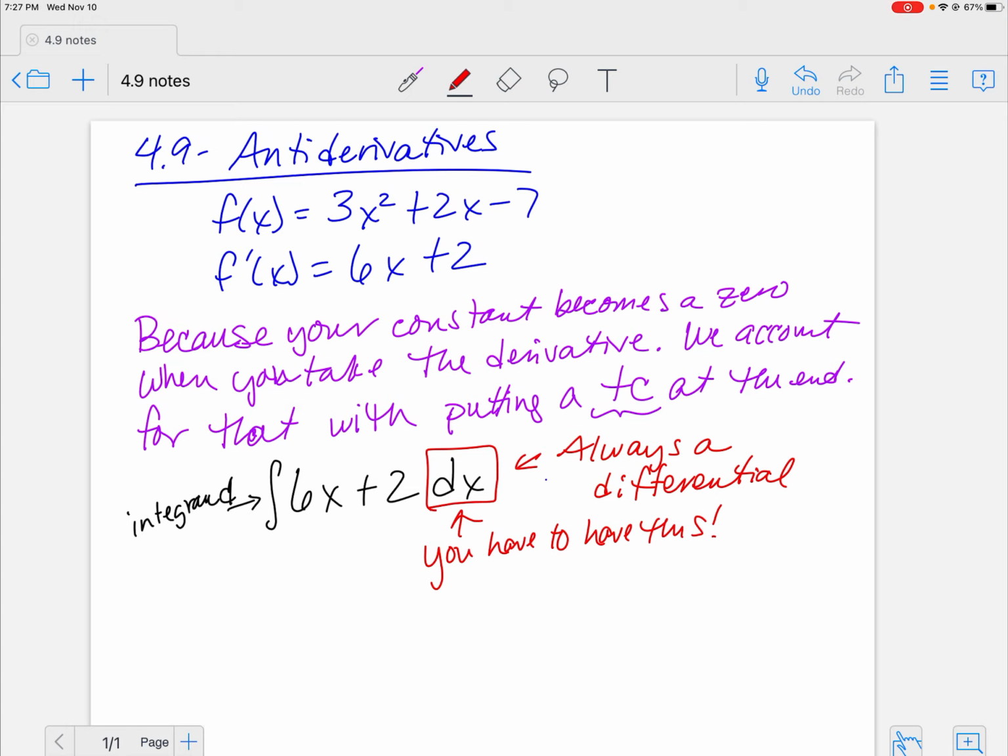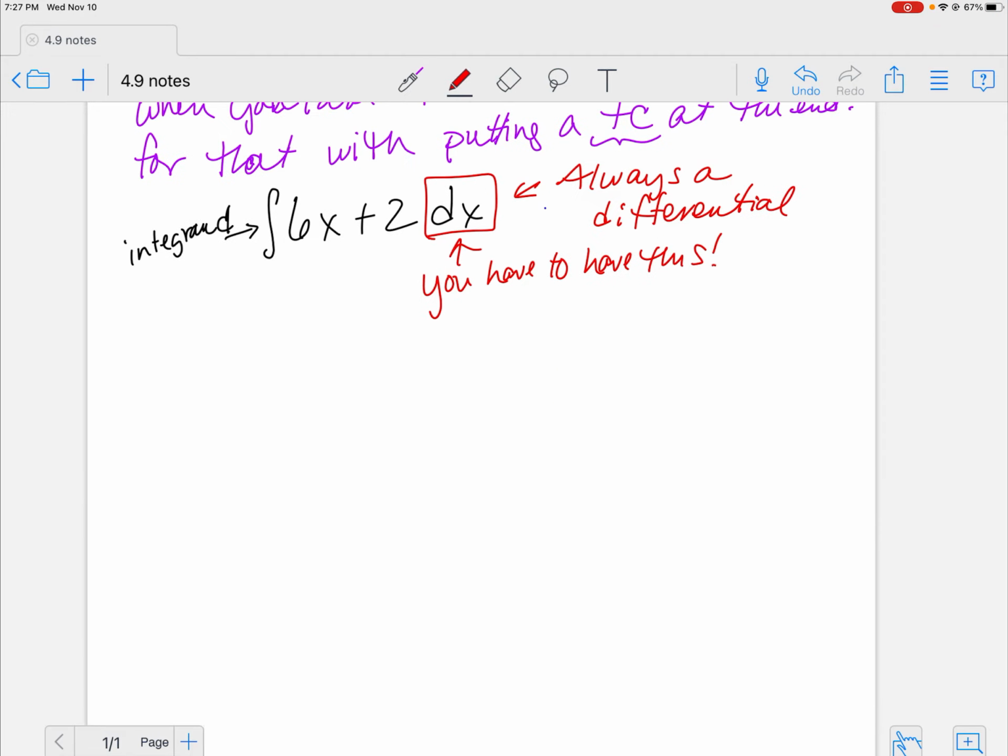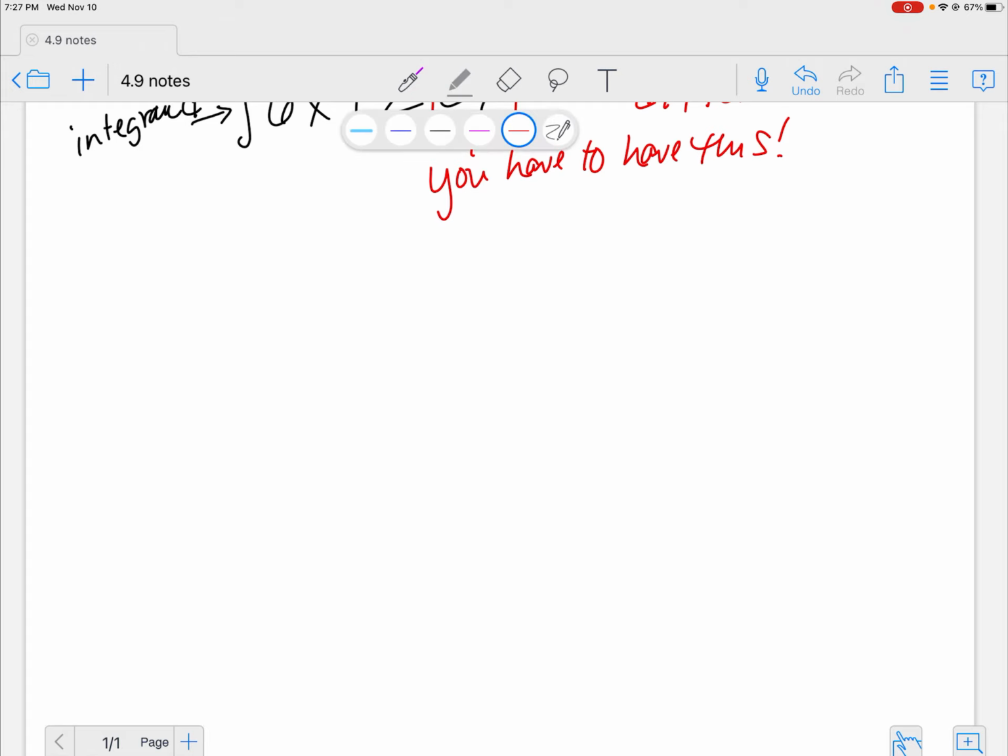All right? That's important. Now, let's get into this a little bit more. There are different rules. Just like we had derivative rules, there are integral rules. And we're going to hit the highlights here on these. There's not as many rules for integrals as there was for derivatives.